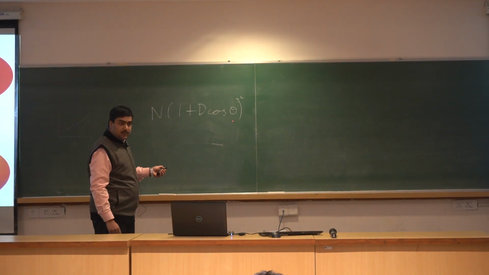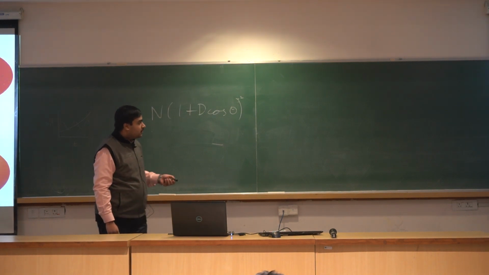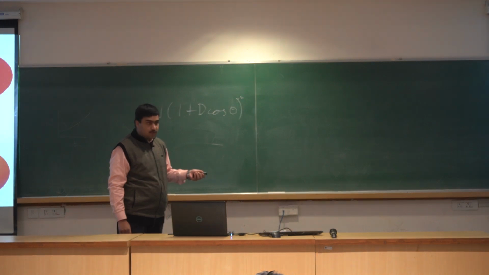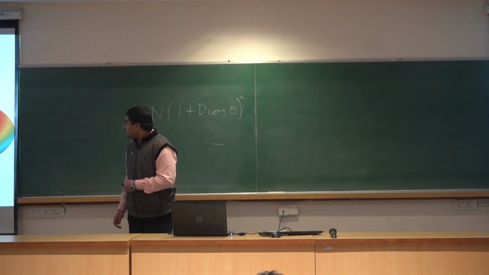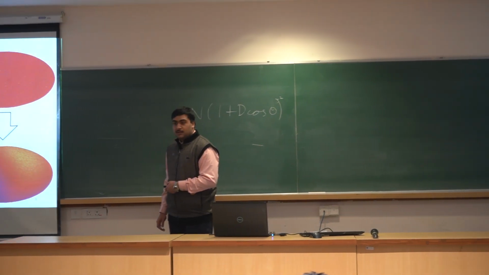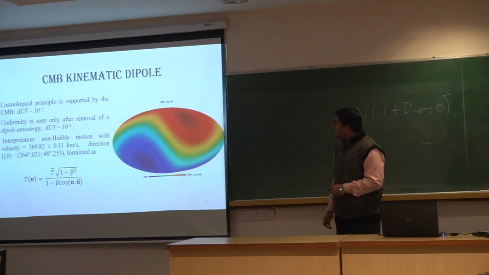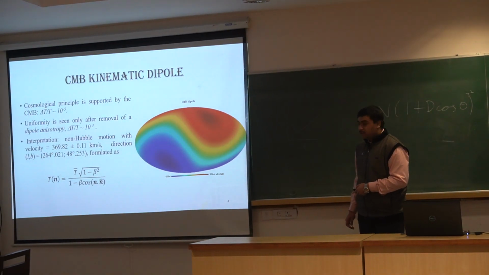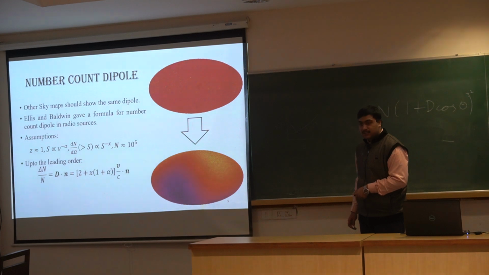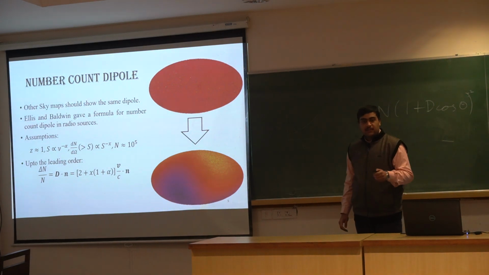D is your dipole amplitude. Okay, so initially what was an isotropic sky would be modulated to something like this. And you should contrast this with the structure that is shown here. So if the kinematic interpretation here is true, then both these dipoles that are observed in the CMB as well as number counts should give you the same velocity.